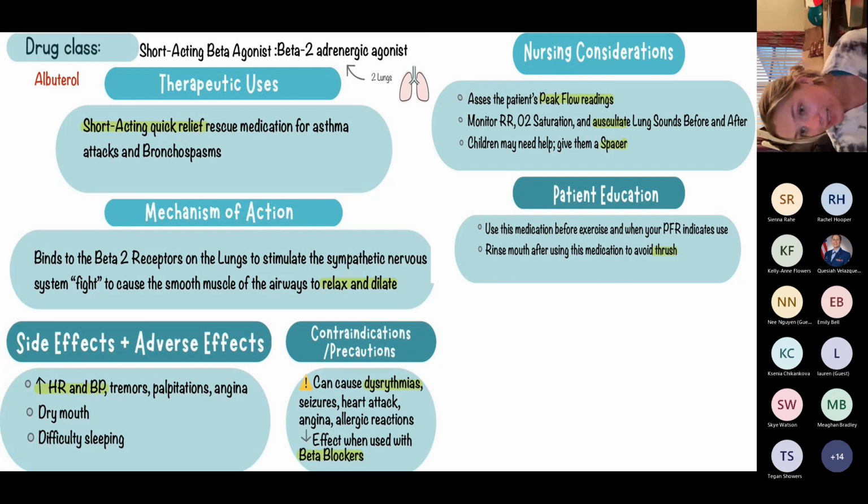Big thing with this is knowing that we have to give this first. If I have this followed by another med, well, this is my rescue inhaler. I need to open up the airway first, take care of that, and then I can give the other meds. We also need to frequently do peak flow readings. Patients might require a spacer, and please rinse your mouth after using it.